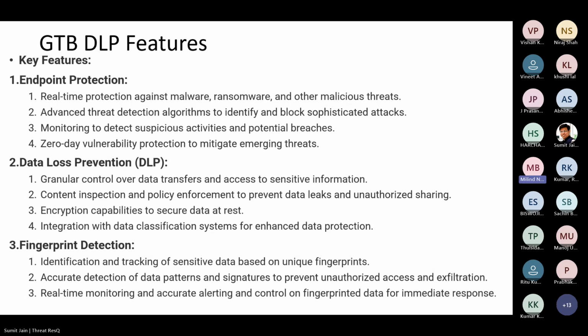Through that kind of application, and through chat also, if any sensitive information in the form of text, a graphics file, or a voice chat, or any kind of means by which the sensitive data which you have already classified is going to travel, in that event it will detect it and block or remediate it. Whatever remediation you have asked for, that kind of remediation will take place. So that is how GTB DLP will work.